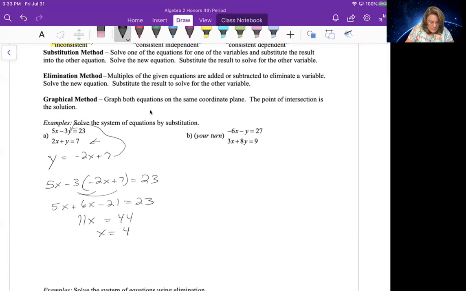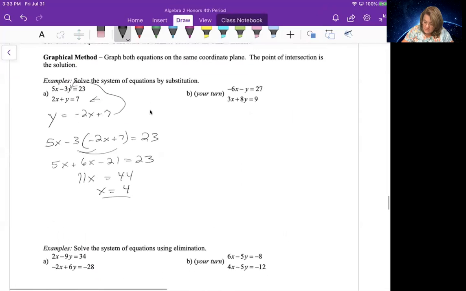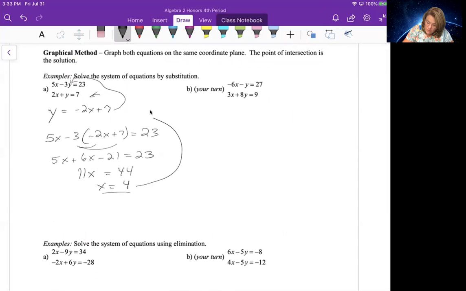So now I have my value of x. Remember, I'm trying to find a solution of the system of equations, which is the location where those 2 lines intersect. I'm not done yet. I only found one part of that point. So I've got to take that 4 and plug it back into this equation for y.